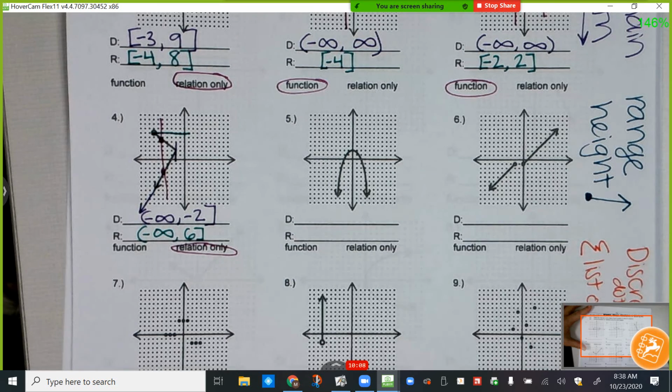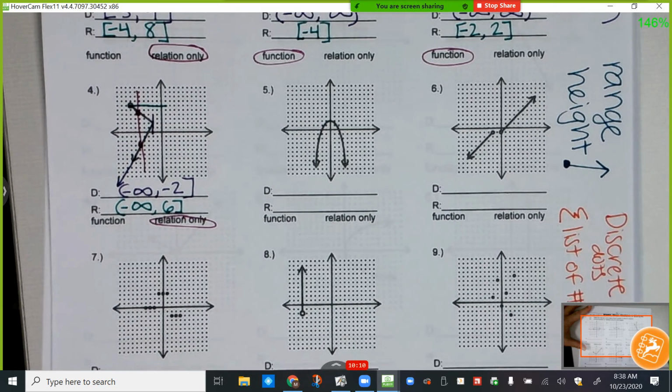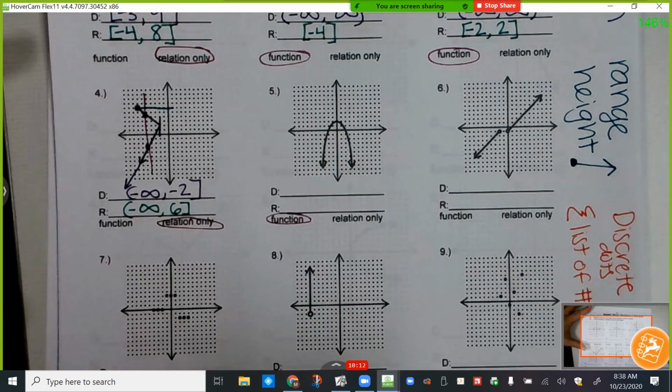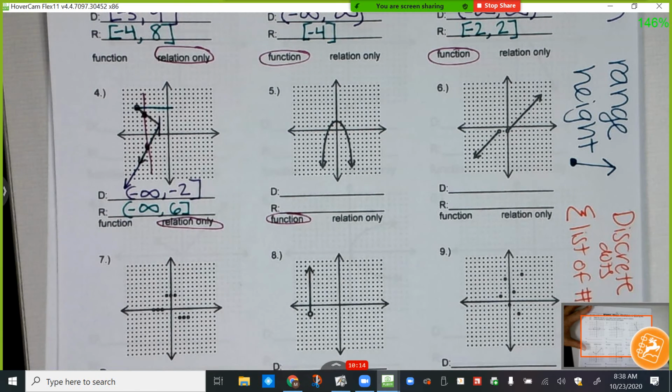Number 5, function or relation only? Function. Anybody remember what kind of function that is? It's a parabola, but who remembers what the parent function is called? That's the shape. It's y equals x squared, but what's the word? Starts with a Q?